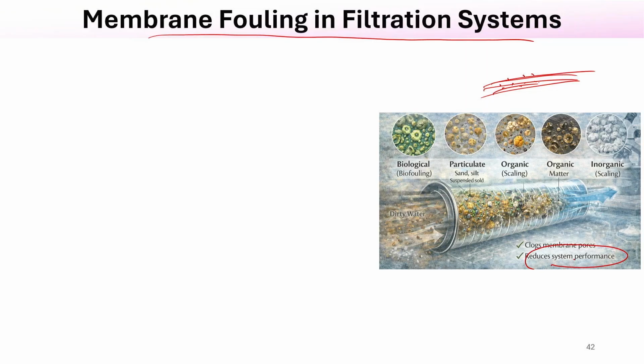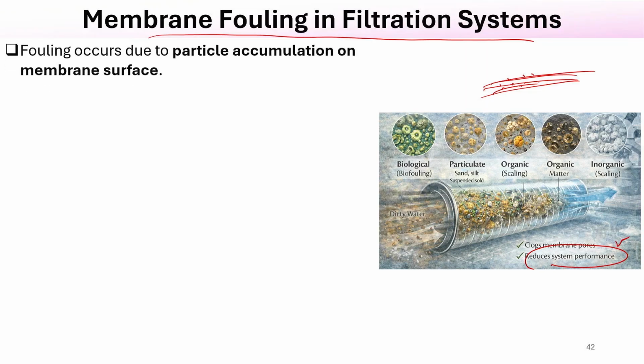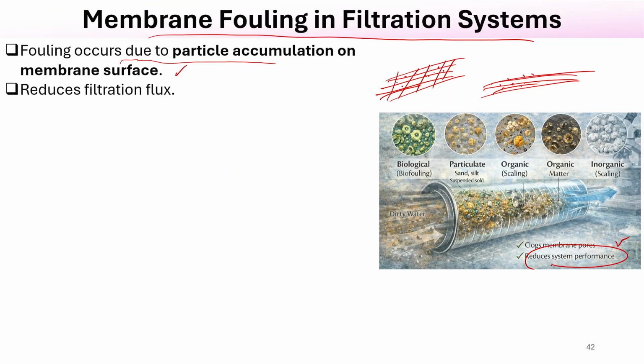If the pores are clogged, then the liquid flow rate, like water flow rate, will be reduced and system performance will deteriorate. Fouling occurs due to particle accumulation on the membrane. The membrane has a certain pore size, and on the membrane the particles get accumulated. As they block the pores, this reduces the filtration flux.